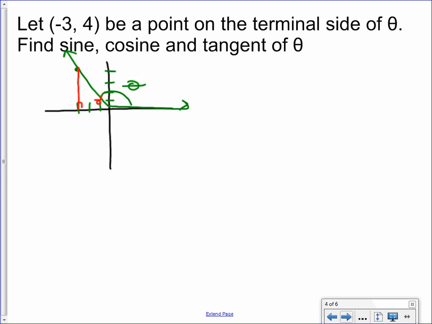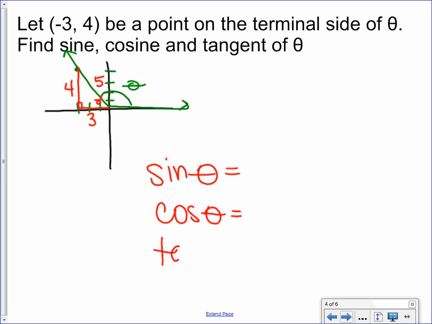What do we know about our triangle? This is 3 and this is 4, which means our hypotenuse is 5. Now we're going to take our reference triangle and create our ratios. We know that some of these are going to be positive and some of them are going to be negative.